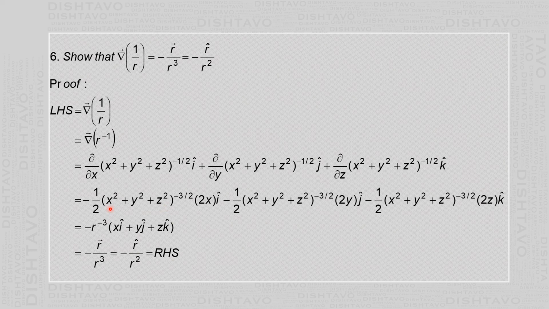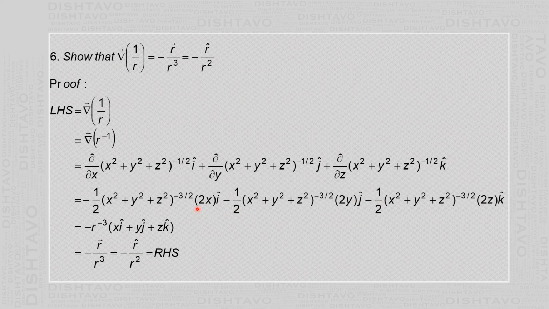When that is differentiated, the partial derivative of x square with respect to x is 2x, and the partial derivative of y square plus z square with respect to x is 0, into i cap. In the same way, we can differentiate the second term partially with respect to y and the third term with respect to z.